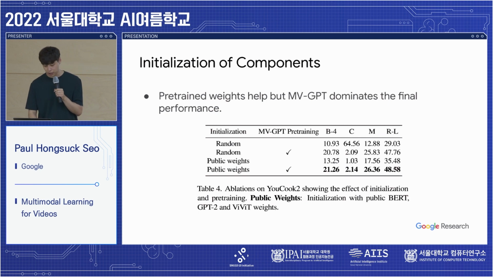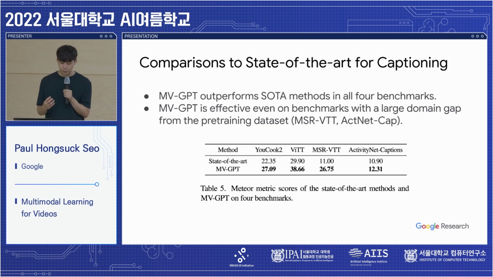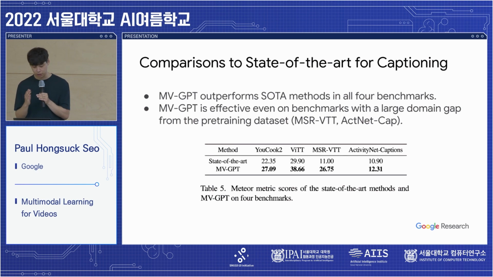We could see that our model still performed much better than the existing SOTA, and the gap was not that big compared to our full model. So our pre-training technique itself is quite strong, even from scratch. Applying this to 4 different benchmarks, we achieved state-of-the-art in all 4 benchmarks.